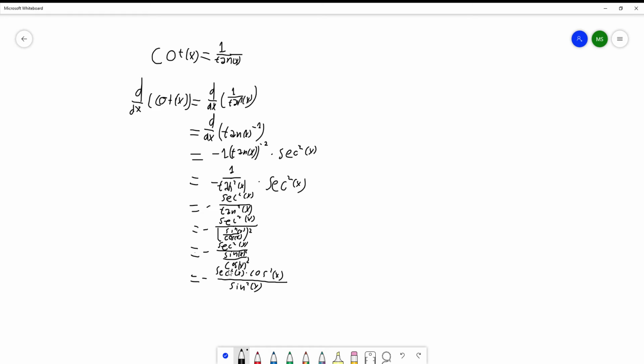Now we also know that secant squared is 1 over cosine squared, and we have to multiply it by cosine squared, so that will just be 1. Negative 1 divided by sine squared of x. And we can write this down as negative cosecant of x, because cosecant of x is 1 divided by sine of x. And then I have to do it squared.